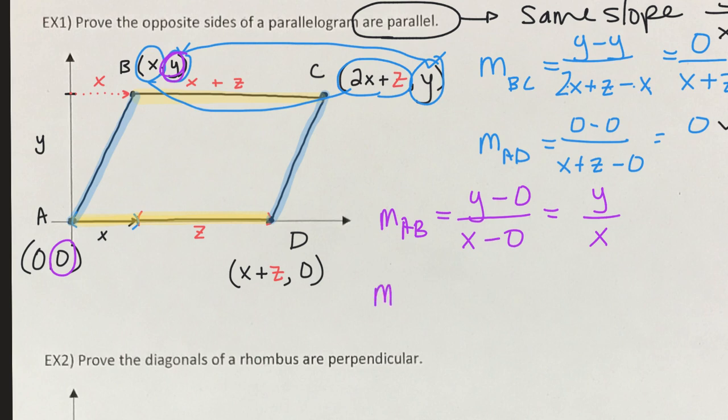Now let's do a similar thing for DC or CD. The y-coordinate of point C is y, so we have y minus 0. And then our x's, we have 2x plus z minus parentheses x plus z.